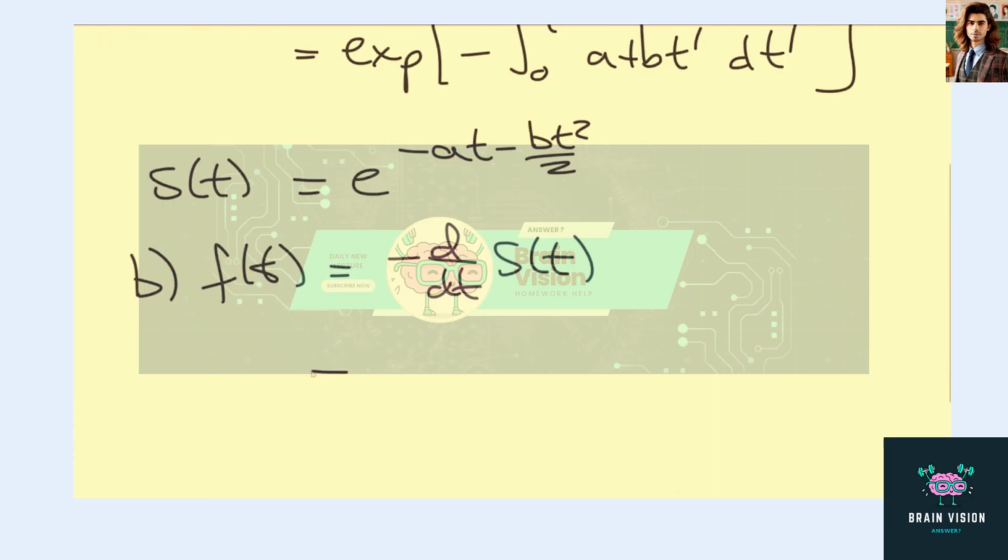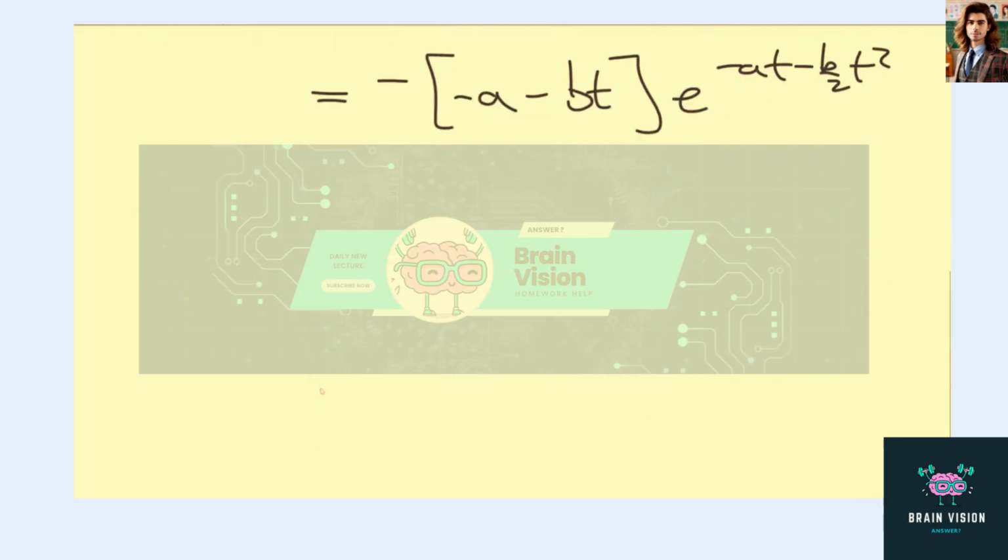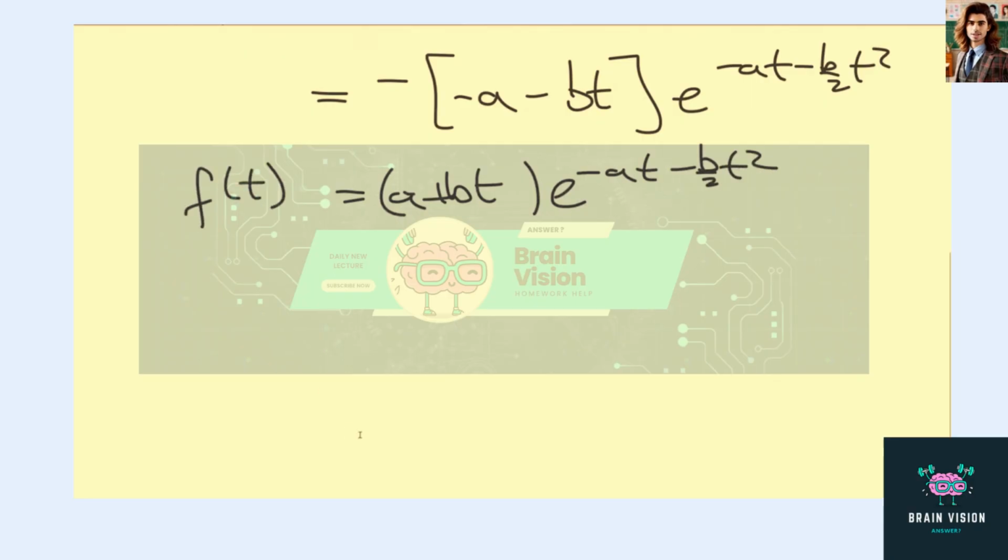So this is going to be minus d by dt of what we've got up here. So we've got minus a minus bt e to the minus at minus b over 2 t squared. So this is a plus bt e to the minus at minus b over 2 t squared. That's our probability density function.